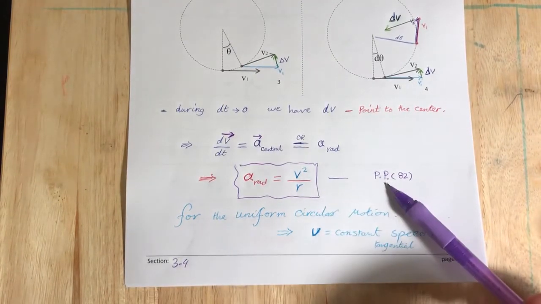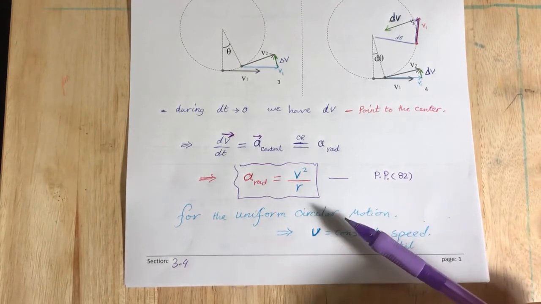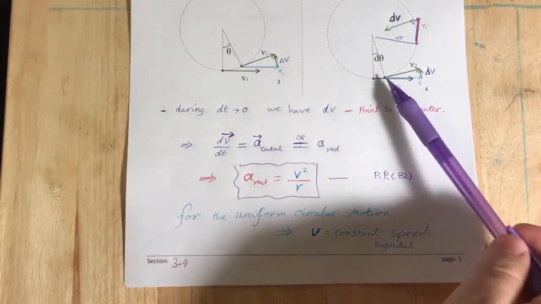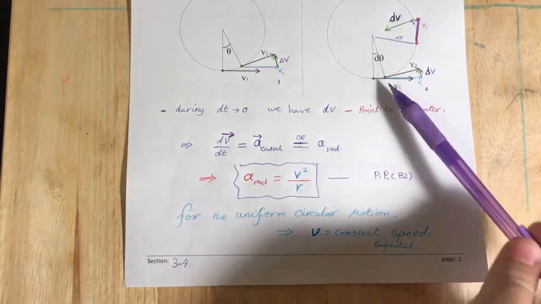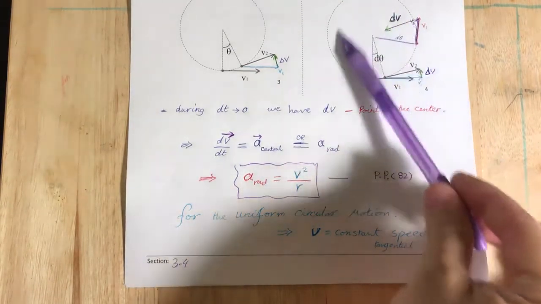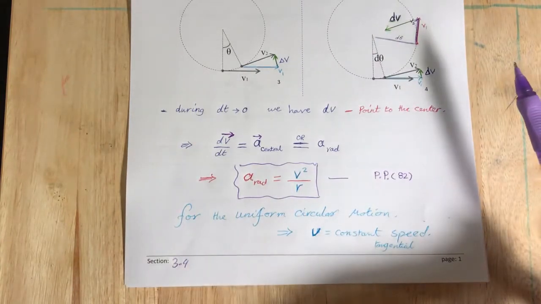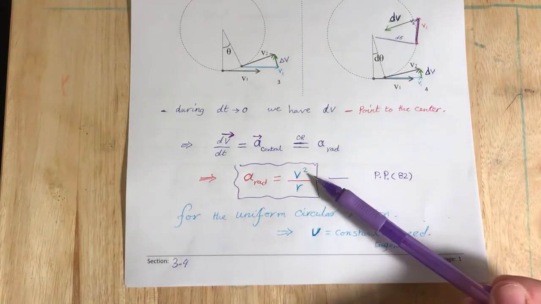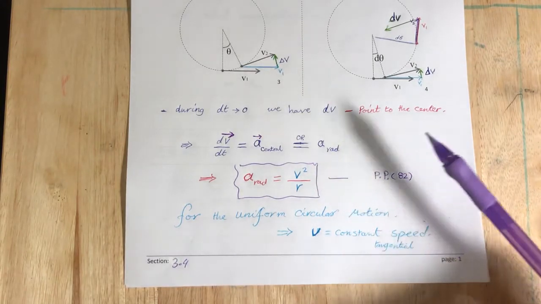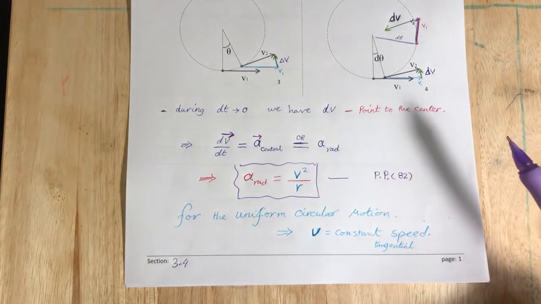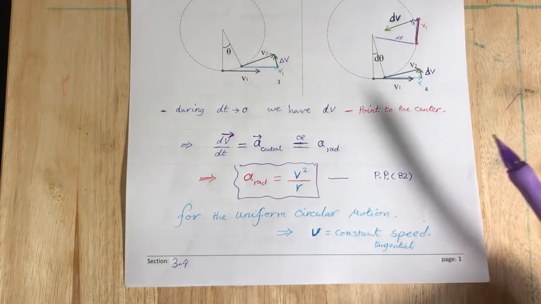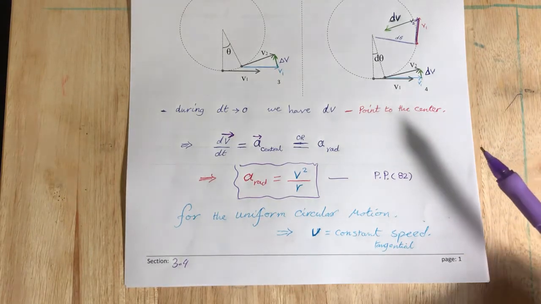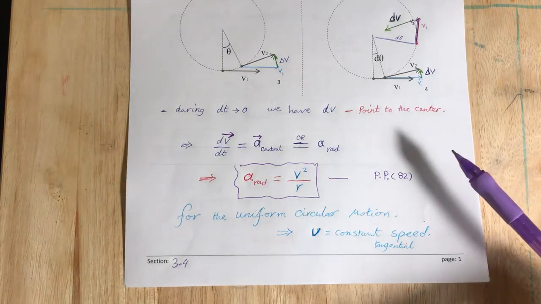You can see that in the book, page 82. v squared over r, where v is the velocity with which the body moves around the center of rotation, over the radius. We are dealing with constant speed but changing velocity. If the velocity is changing in its magnitude, which is the speed, or in its direction, then we have acceleration.